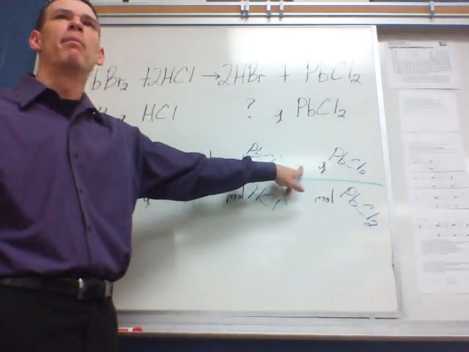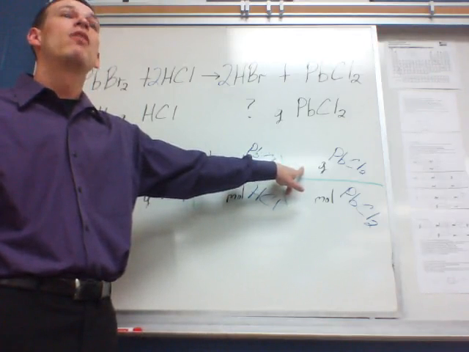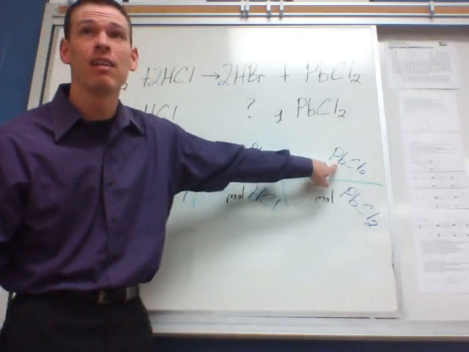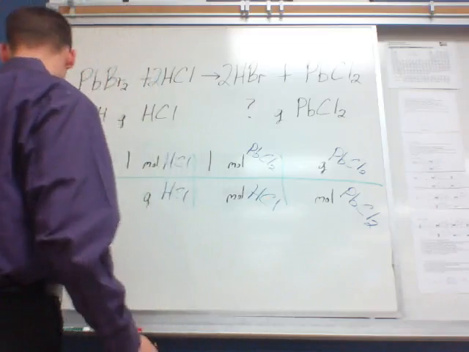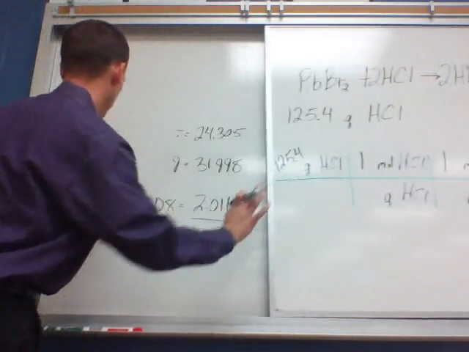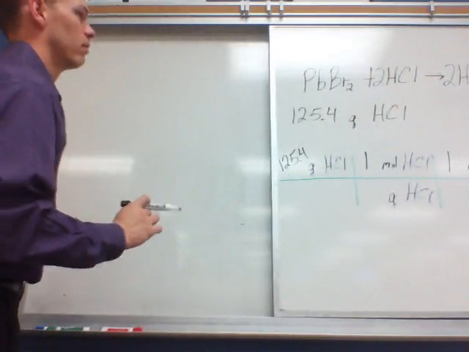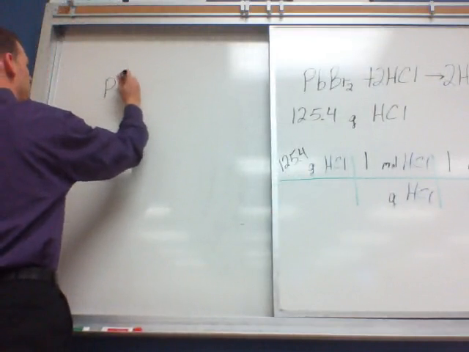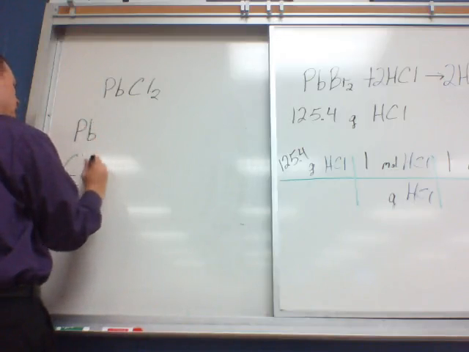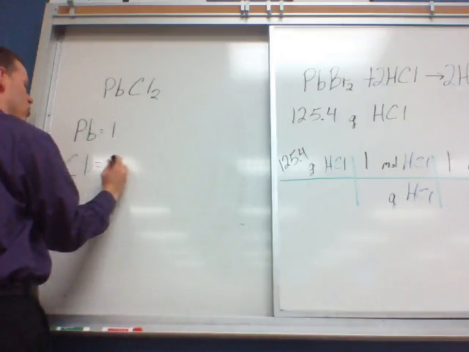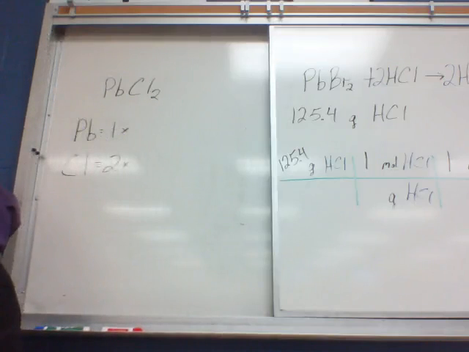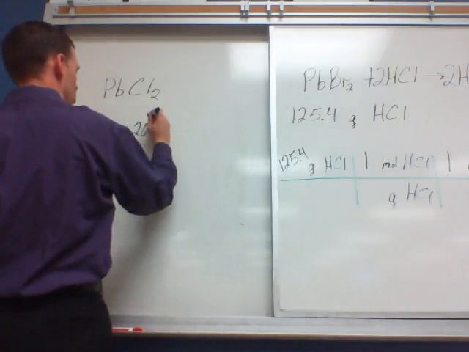Uh-oh, this last square is a bummer. What does he want? The periodic table. We need the PT mass of 1 lead and 2 chlorines. PbCl2 is made up of Pb and Cl. 1 of those guys. 2 of those guys. Lead has a PT mass of 207.2.